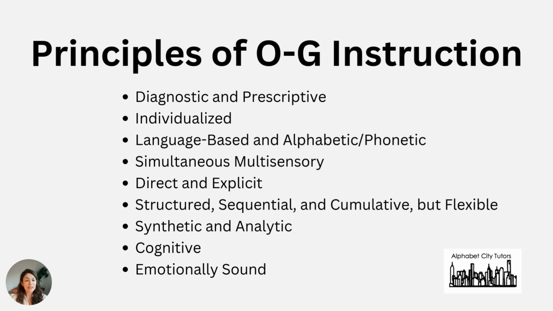We also practice simultaneous multisensory instruction, meaning that we engage multiple senses. Obviously, reading is very visual, also auditory. We have students listening to dictations for spelling or also listening to themselves as they're writing, they're verbalizing.